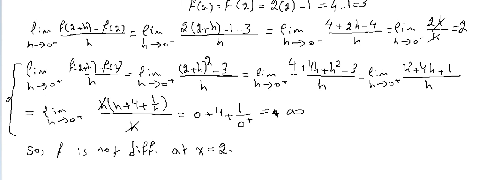Even if h tends to 0 minus gives plus infinity, in this case f will not be differentiable, and we will have a vertical tangent. Here we don't have a vertical tangent, but it's not differentiable. F is not differentiable at x equal 2.